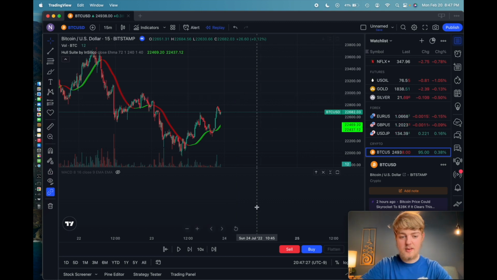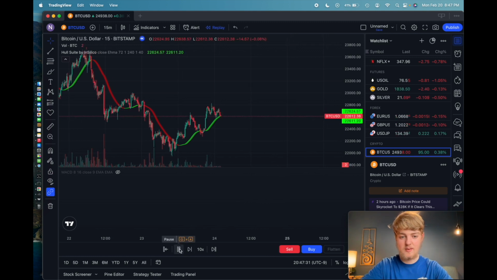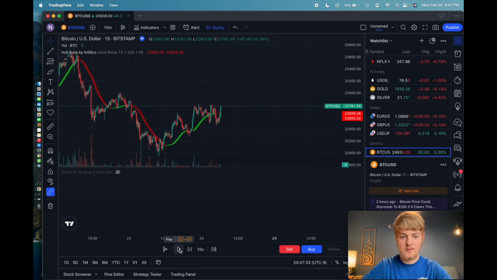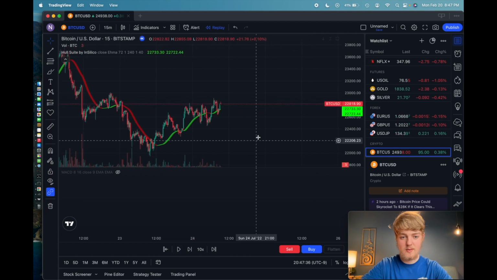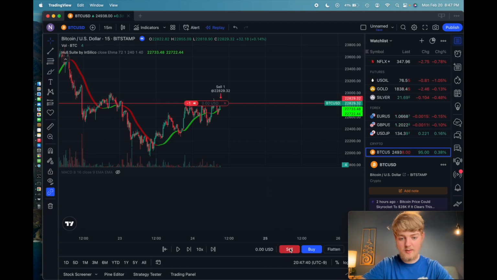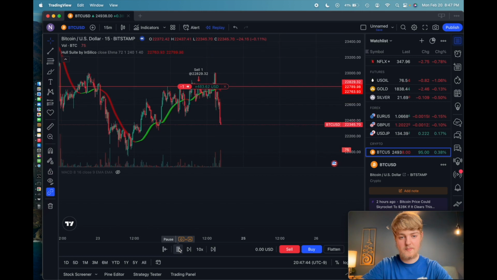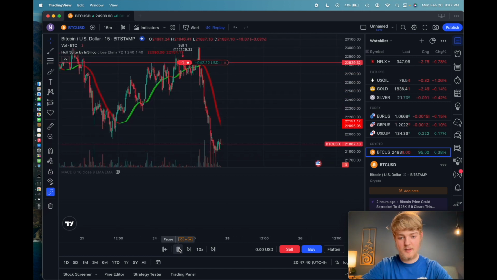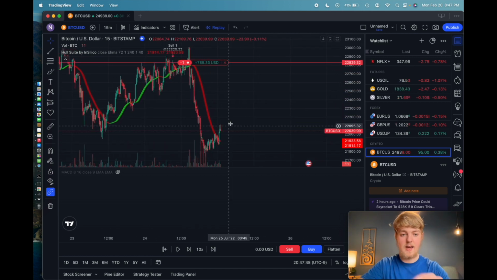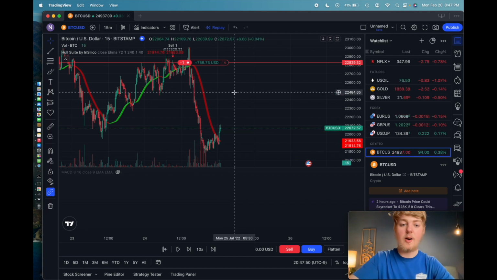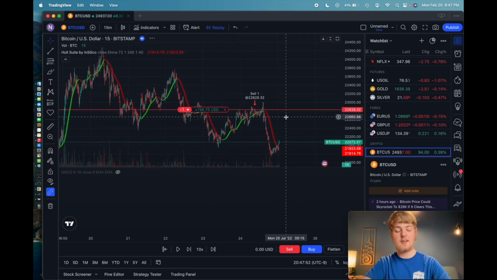Let's see if it goes up there, and then I'll just play it for a minute. So yeah, 22,900 right there. I'll click sell and then play it. And hell yeah, I would have probably stopped out right about there. So that was a great trade.